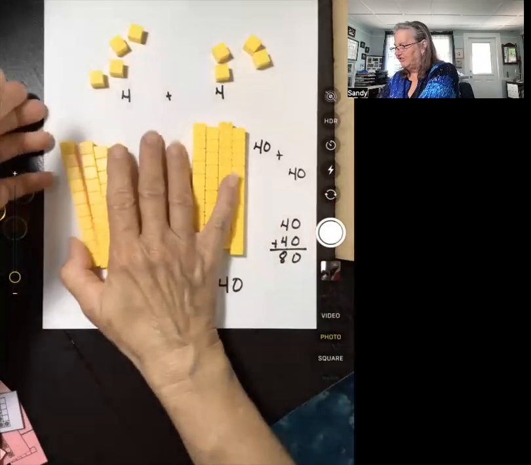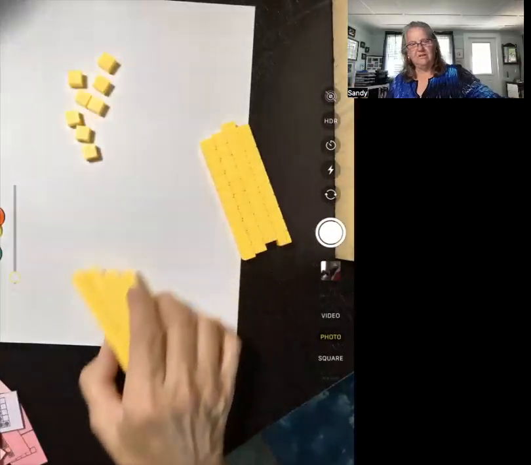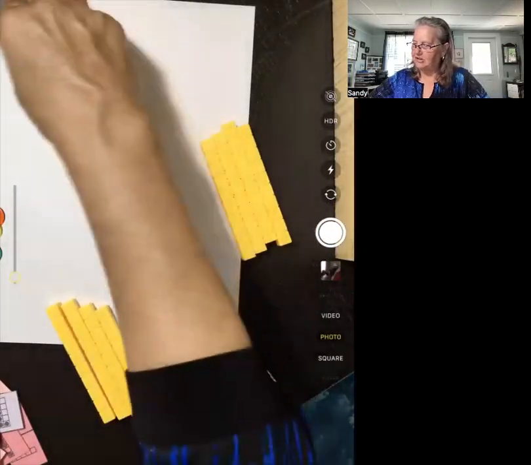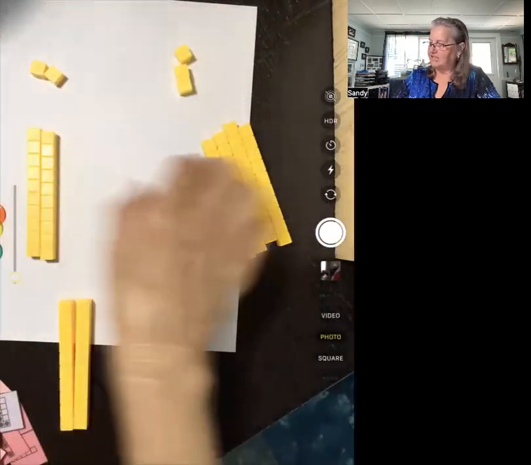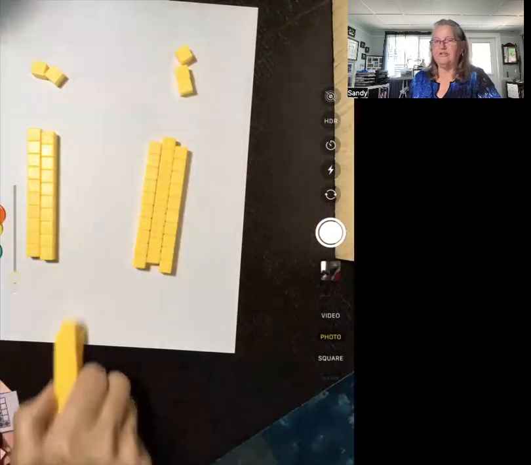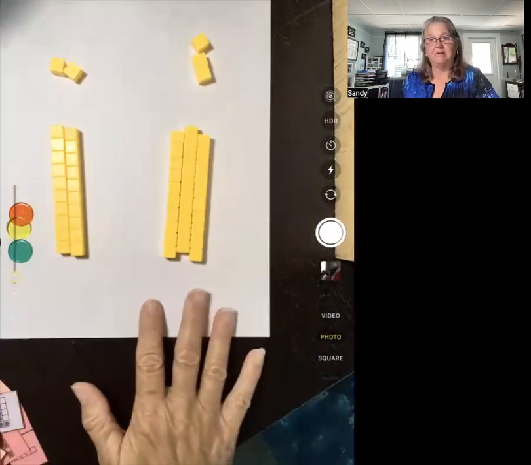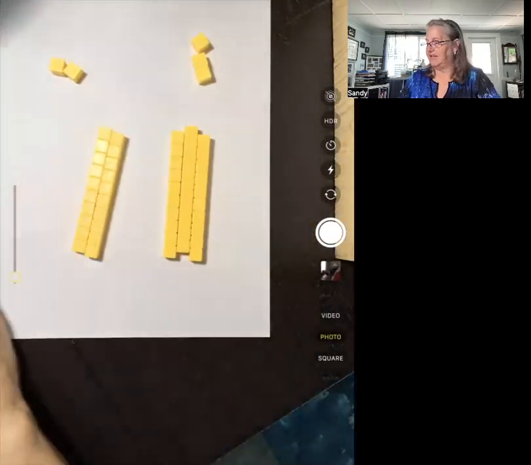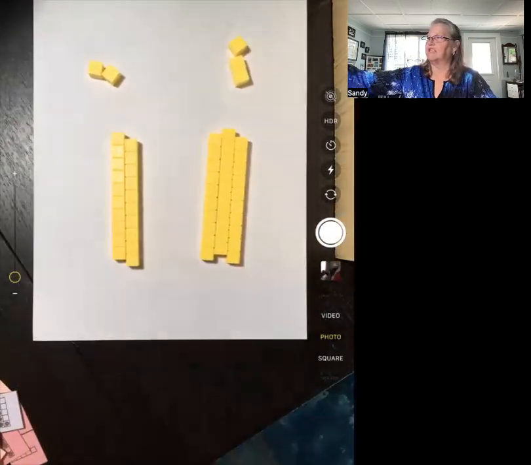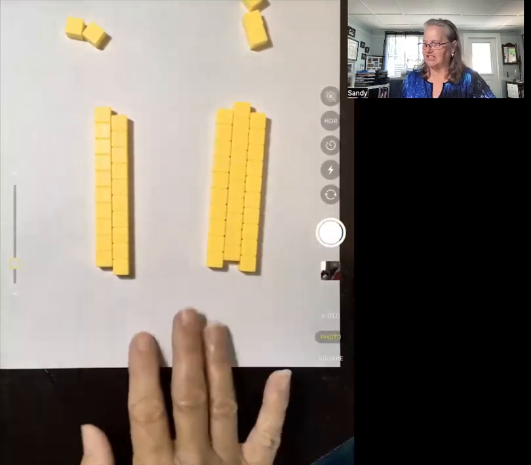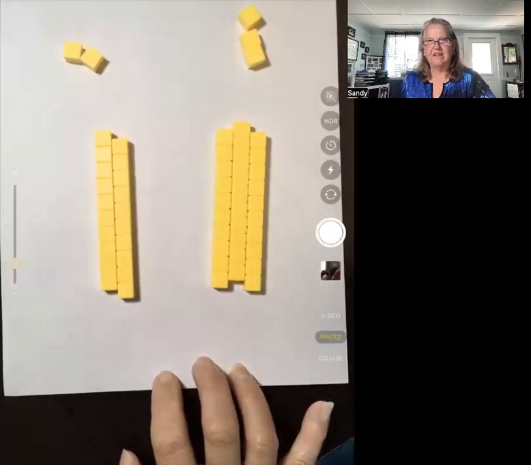Now, if I can do the doubles like that, let's just think about if I know 2 plus 3 is 5, then I'm going to know that 20 plus 30, 2 tens plus 3 tens, happens to be 5 tens or 50. See, I'm still focusing on the size of the units as I'm working with this.